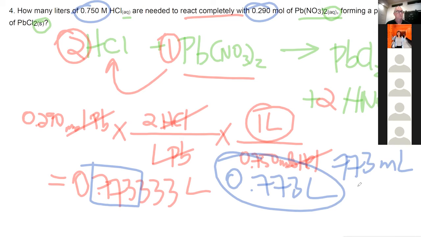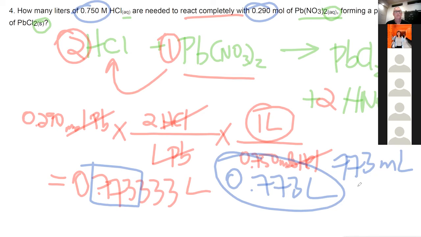Like PV = nRT, that's specific to gas only. For the question previously, because it specifically asked how many liters, the answer has to be in liters.